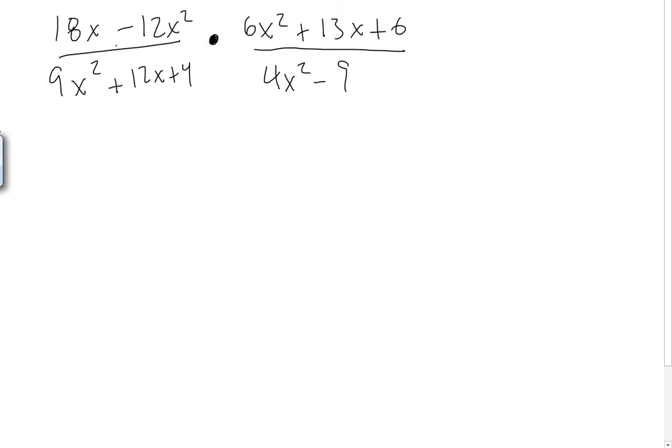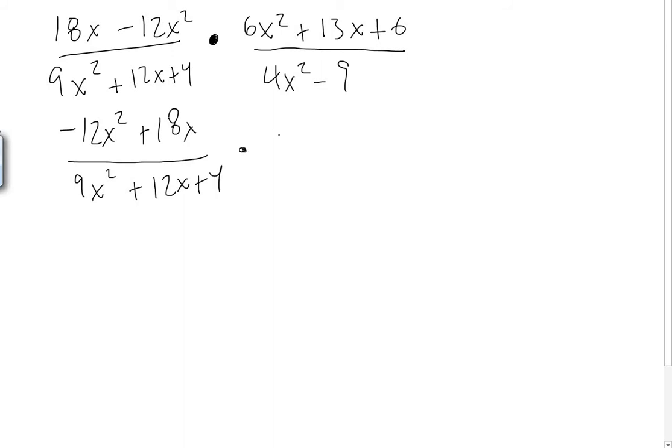This one isn't. So I would take a second and rewrite it as negative 12x squared plus 18x over 9x squared plus 12x plus 4. The rest of the stuff is fine, so I'll leave it as 6x squared plus 13x plus 6 over 4x squared minus 9.